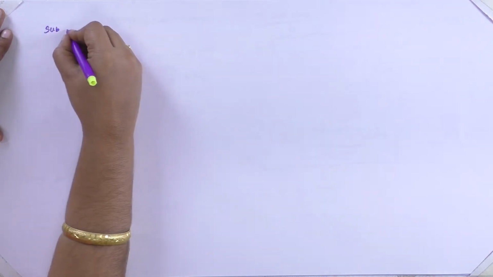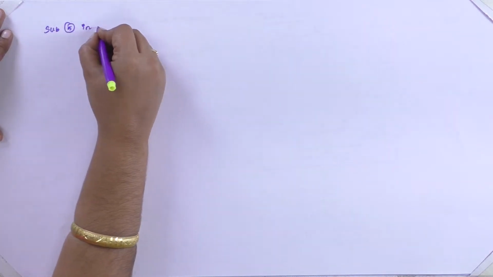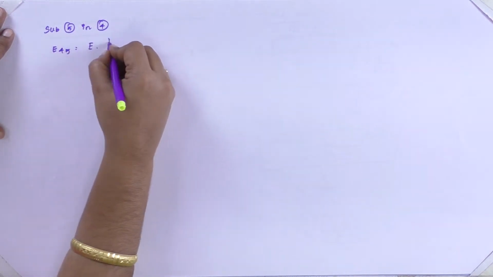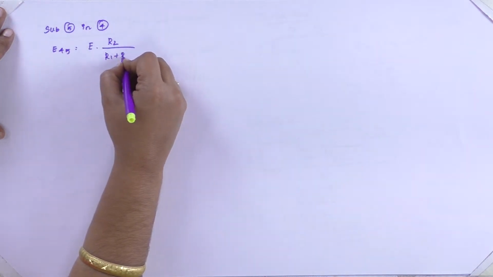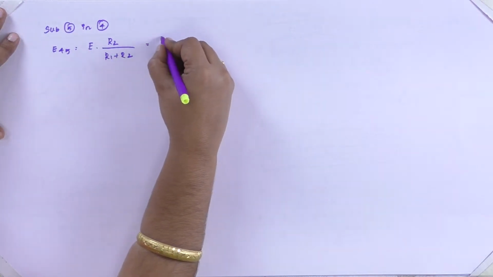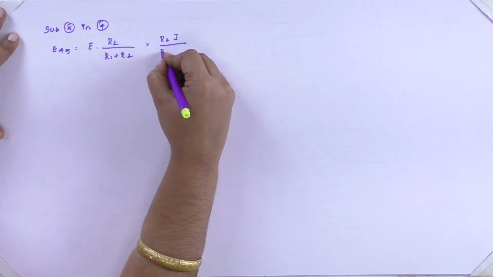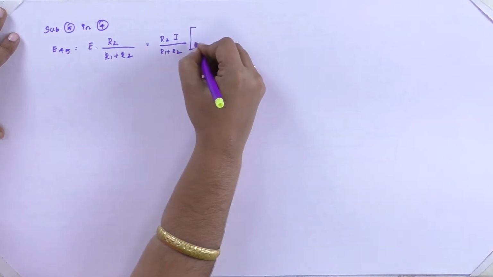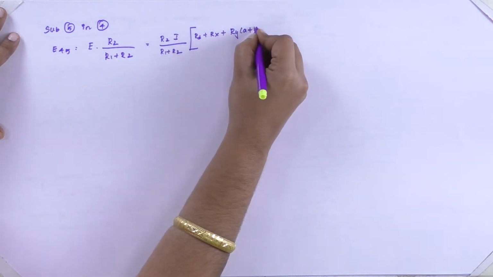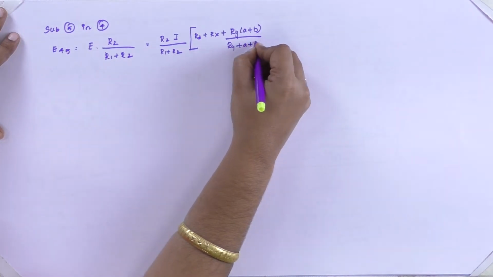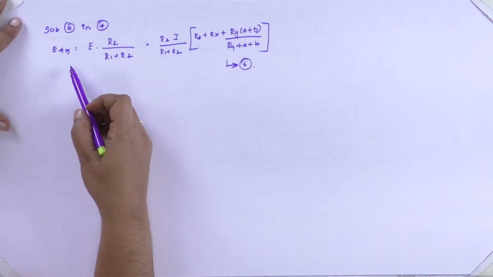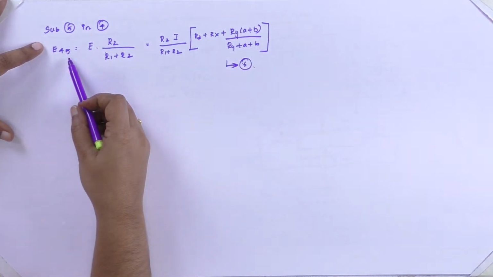Now, I am going to substitute equation number 5, that is the value of E, in equation number 4. Equation number 4: E45 is equal to E into R2 divided by R1 plus R2. So, substituting E from equation 5, I will get R2 into I divided by R1 plus R2, into R3 plus Rx plus Ry into (A plus B) divided by Ry plus A plus B. So, this is the equation for E45, the potential across the resistor R2.